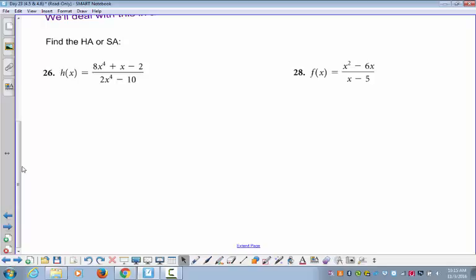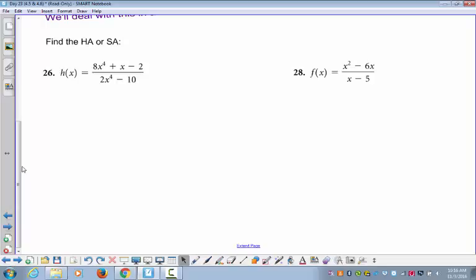They don't say to graph. The instructions are just for the other asymptote, the horizontal or the slant. If we wanted to figure out the verticals, we would set the denominator equal to 0 and solve, factor it or whatever. Let's just do what the instructions say.